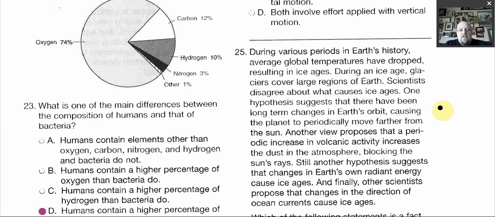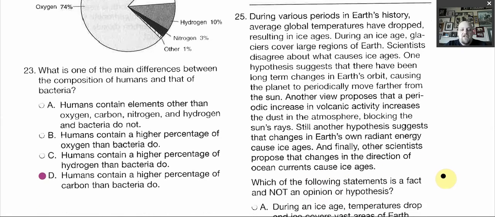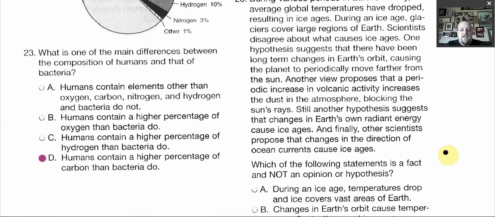Another view proposes that a periodic increase in volcanic activity increases the dust in the atmosphere, blocking the sun's rays. Still another hypothesis suggests that changes in Earth's own radiant energy cause ice ages, and finally other scientists propose that changes in the direction of ocean currents cause ice ages.